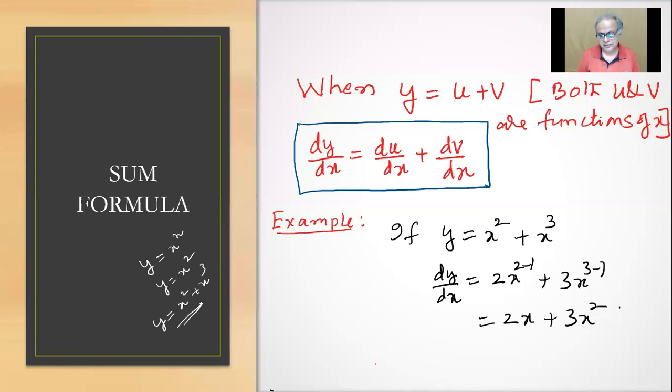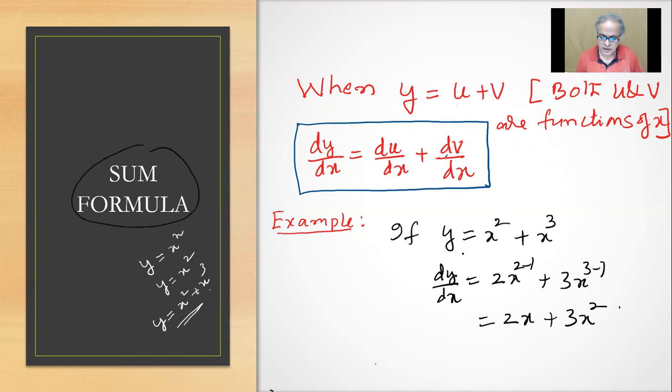So that is what you mean by u and v. Y equals u plus v. U is a function of x. V is also a function of x. In which case, when you want dy by dx, you will individually do du by dx plus dv by dx. This is what you call sum formula.